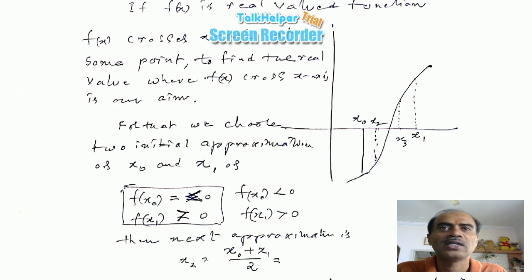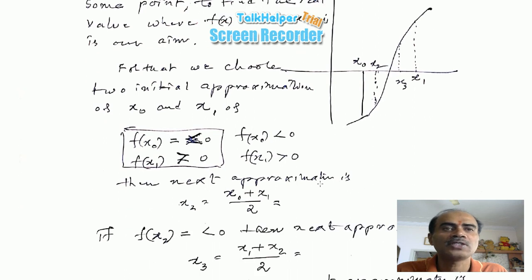So by the method of bisection, we take the two values x0 and x1, add these two values and divide by 2, and we get the bisection value. It is not exactly the same, but it approaches the value. So the first approximation is x2 equal to x0 plus x1 by 2.